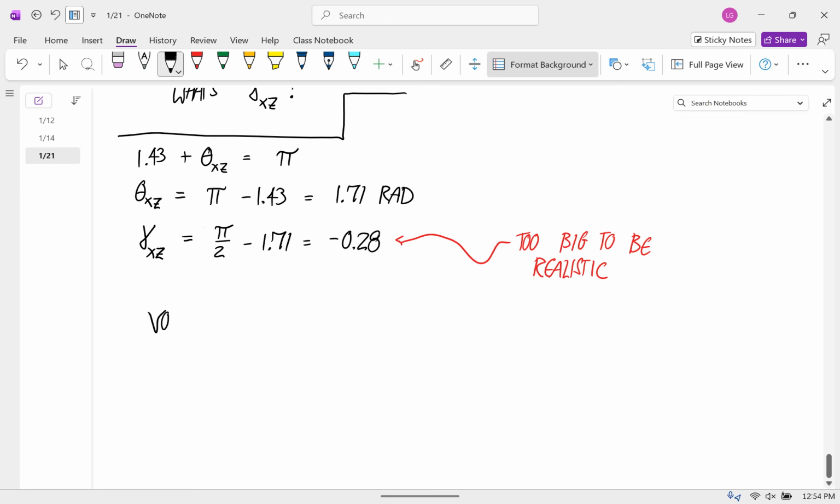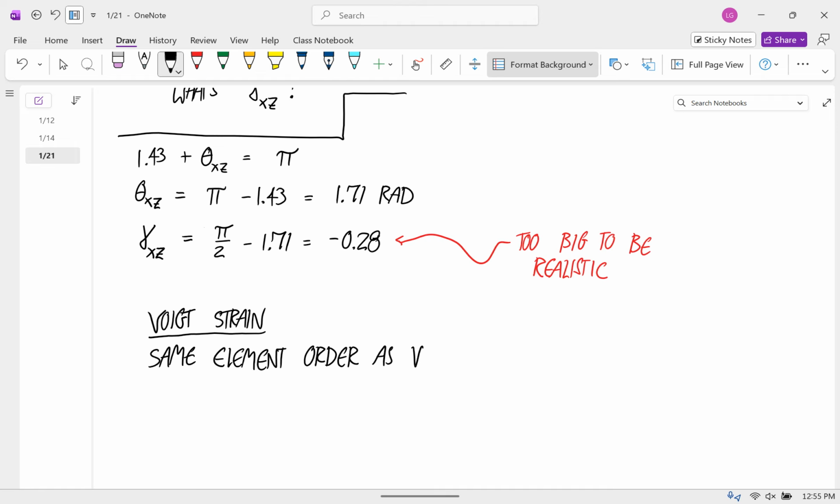And so the Voigt strain is the way that we're going to represent strains. And we're going to use the same element order as for Voigt stress.